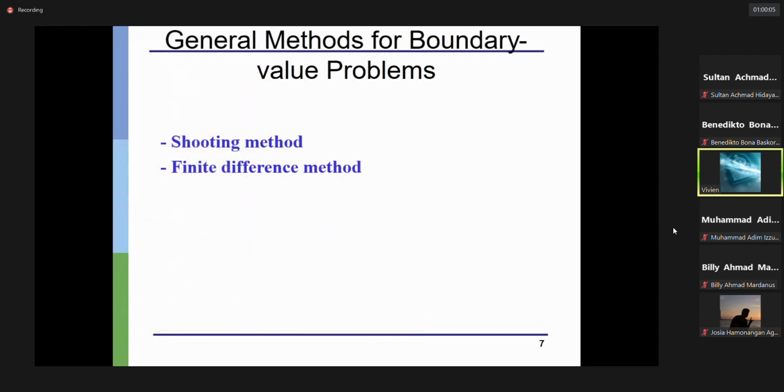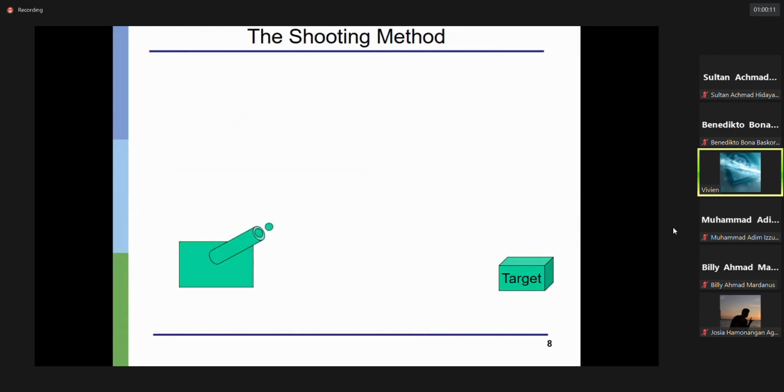Okay, so we will see how to solve this, first numerically using the shooting method. What we do in the shooting method is use the initial value problem that we had before, marching from the initial point to the other point, up to XL.